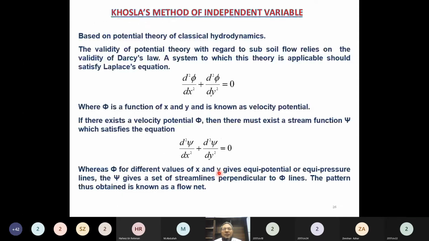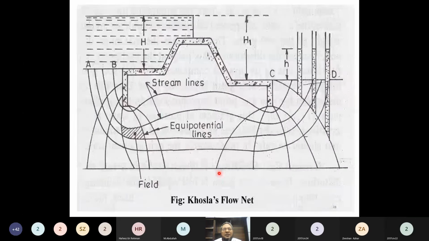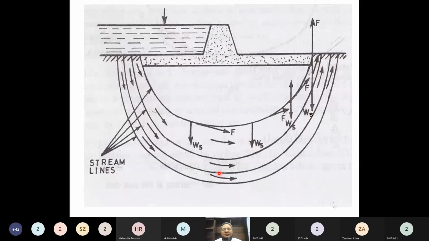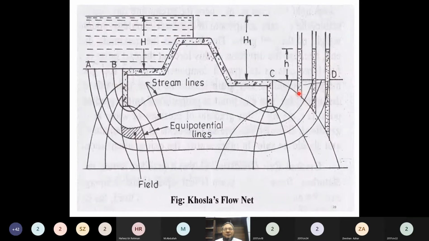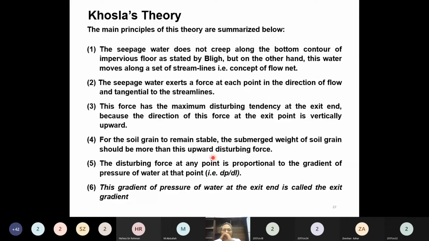Where is that diagram? Here. Now here this would be the direction of the seepage force, and then you can compute the change in pressure with respect to change in length. So that is the gradient of pressure.